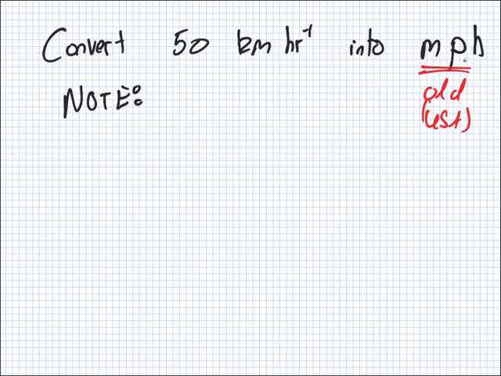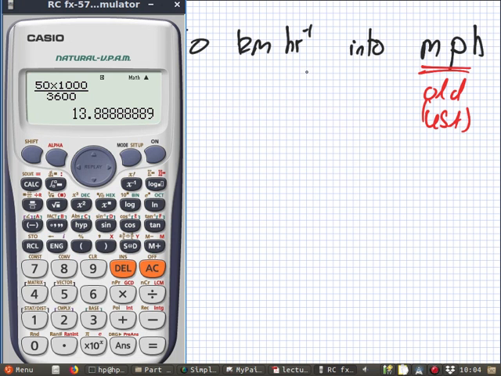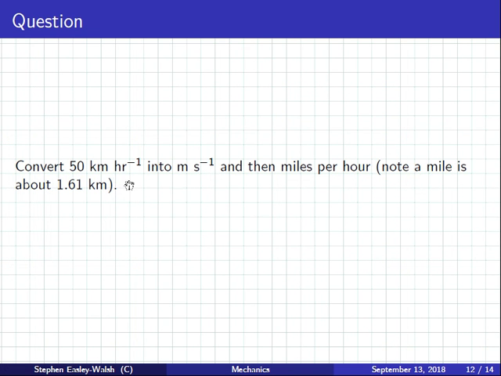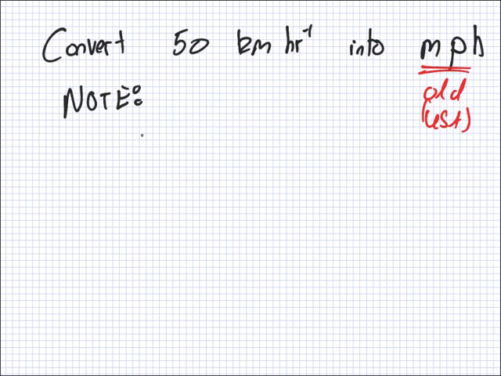So, what's the prefix for mile? Well, what we have is a mile is 1.61 kilometers. So 1 mile is 1.61 kilometers. Okay, so let's do this together.